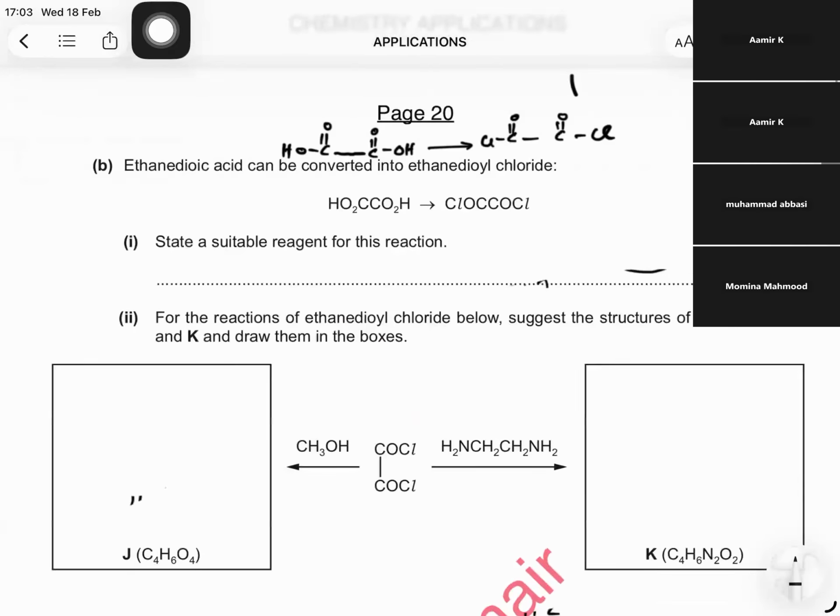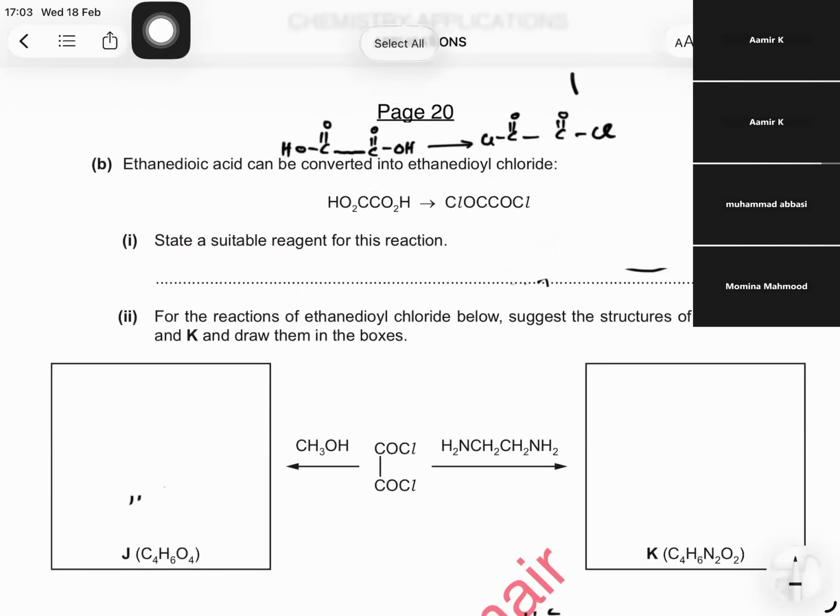Cl2. Lalma, can you tell us? You just have to look at the reagent of carboxylic acid reacting with this and turning into COCl. Can you look at the preparation of carboxylic acid in your notes, please?